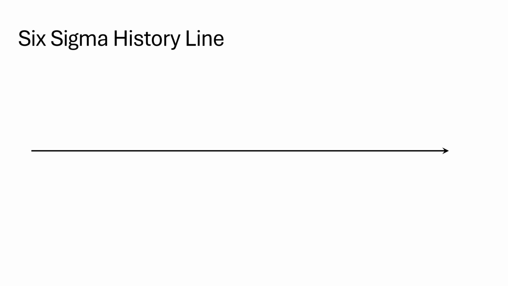Motorola employed the techniques of Six Sigma in their internal training. The late Bill Smith, a reliability engineer at Motorola, is widely credited with originating Six Sigma and selling it to Motorola's legendary CEO, Robert Galvin.